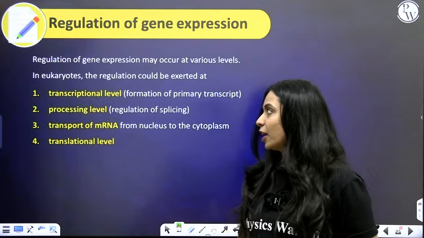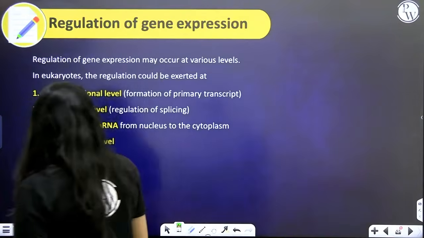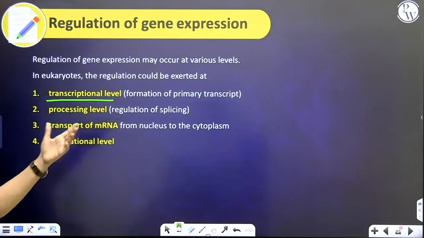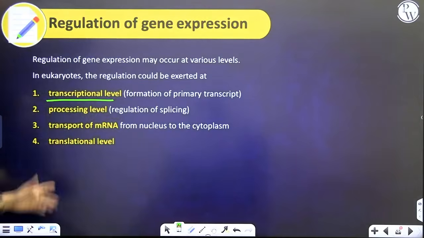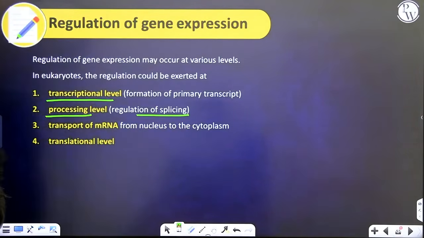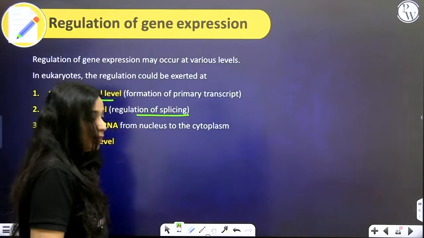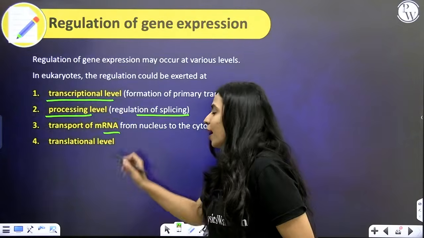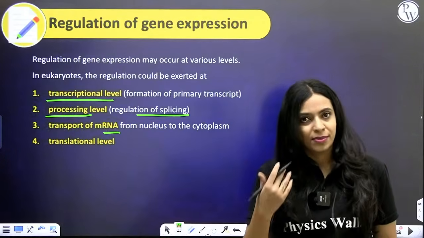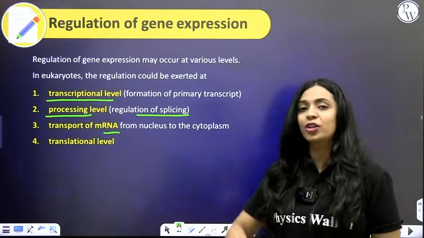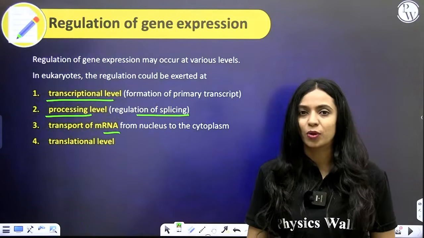It can be regulated at various levels. In eukaryotes, it can happen at transcription level, where transcription itself is not happening. If transcription is not happening, RNA is not produced, so obviously protein will not be synthesized. After transcription, post-transcriptional modifications of capping, tailing and splicing will happen. If that does not happen, then translation will not happen. Or mRNA is formed, splicing and post-transcriptional modifications are done, but from the nucleus to the cytoplasm, it is not getting transported.